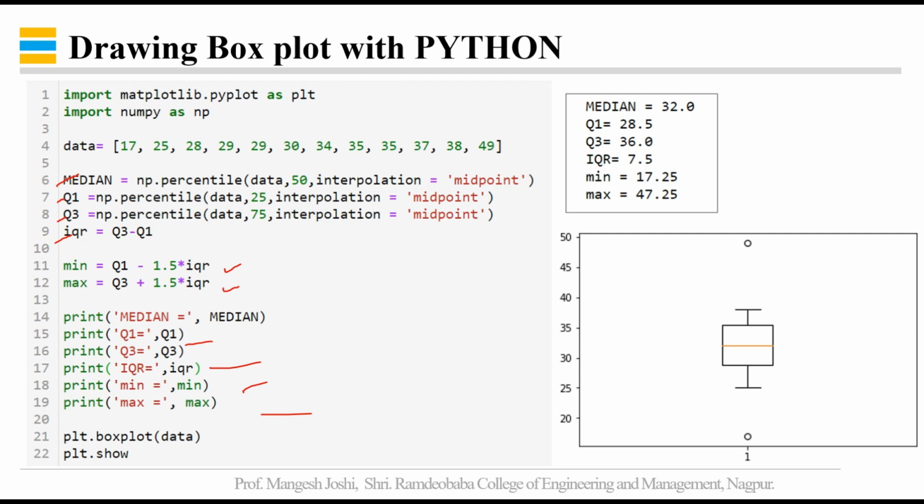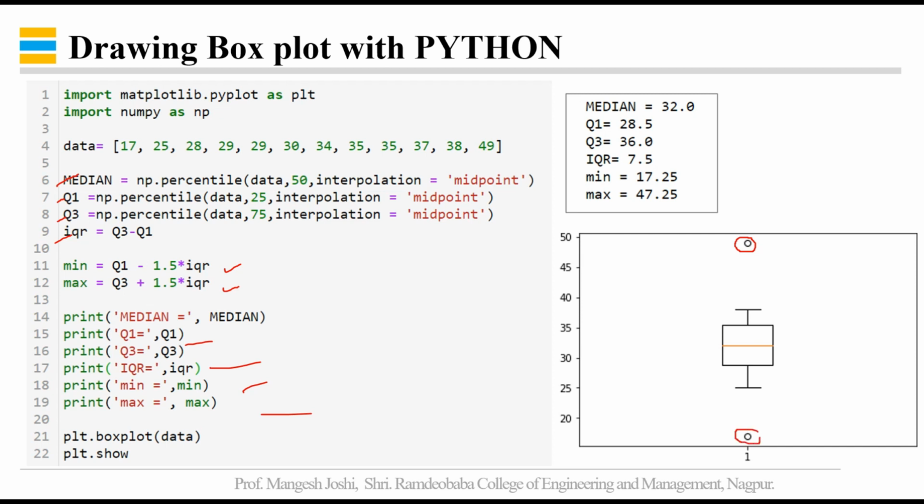So you can see that Python also neglects the values above this maximum, which is 49. These outliers are shown by a hollow circle, right?